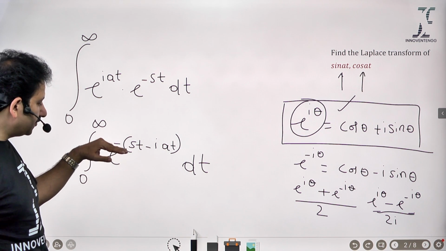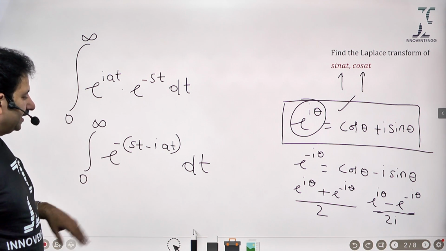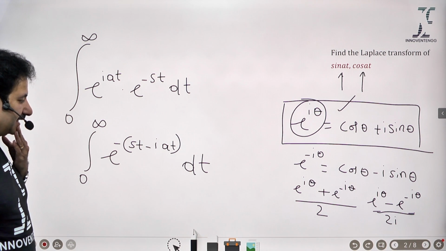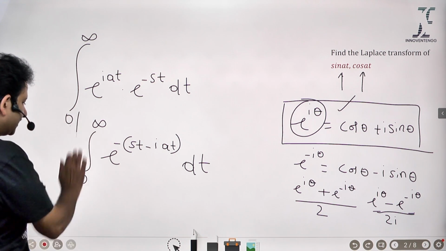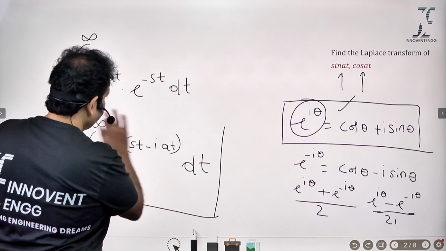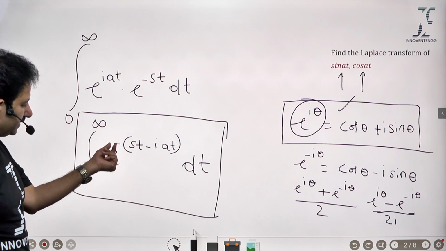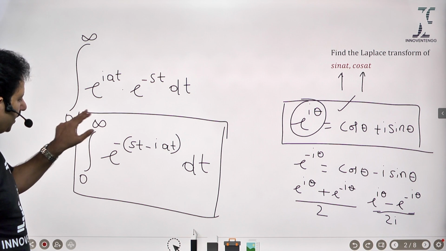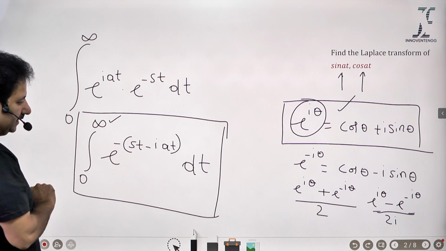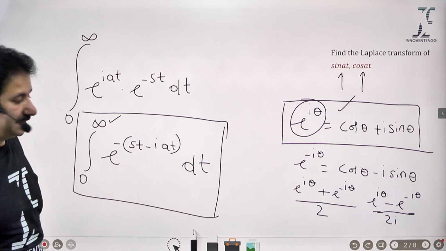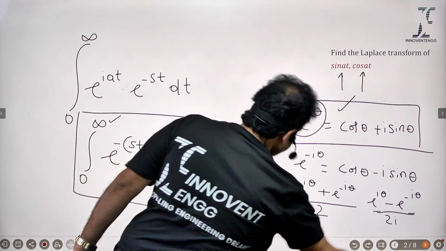So therefore ensure that you keep it e power minus, so that your simplification is done very, very clearly. So now let's take this important integral to the next slide. I have arranged it in such a way that it remains an e power minus term, so that my upper limit is easily satisfied. So let's simplify this further.